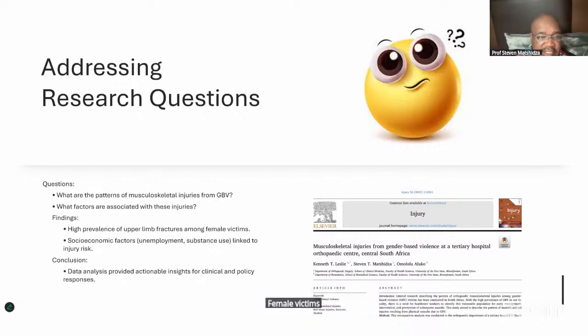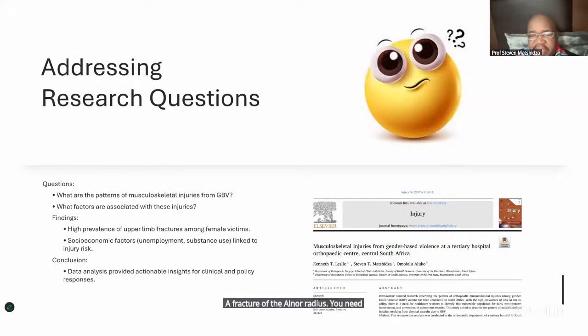Those are defense injuries. So what it says to you, if you are sitting in the clinic and a woman comes with a defensive injury, for example, a fracture of the ulnar radius, you need to go back and find out if this is not a gender-based violence. You may save a life in that way.